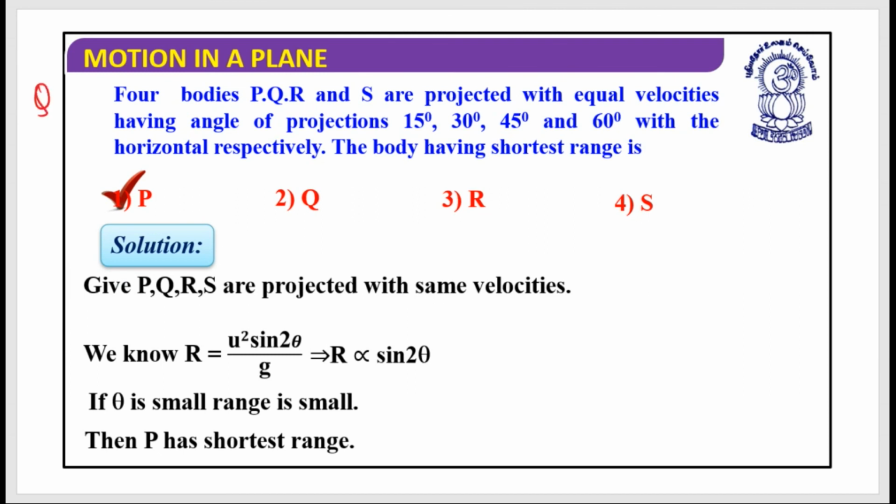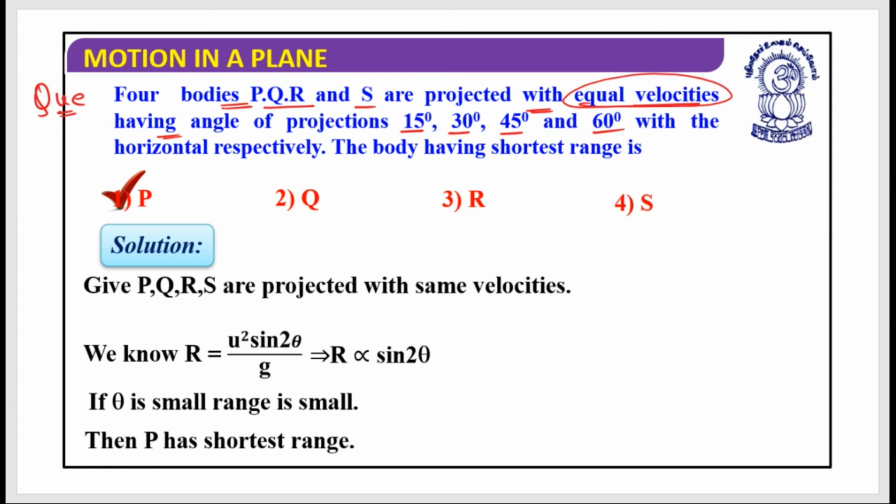What does it say? It says that four bodies P, Q, R and S are projected with equal velocities. Look at this, it's equal velocity having angle of projection of 15, 30, 45 and 60 with the horizontal respectively. The body having shortest range.